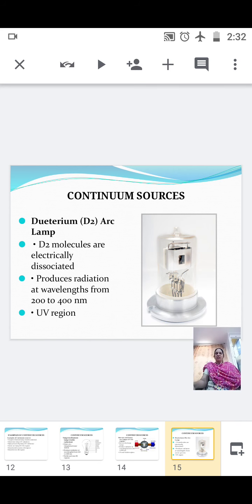The vital feature of these lamps is a mechanical aperture between the cathode and the anode, which constricts the discharge to a narrow path.